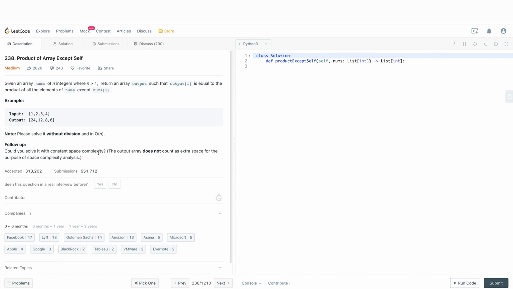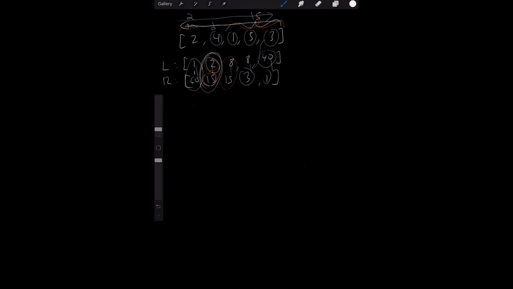So we're going to use the same concept as the left and the right, but this time we are just going to use one array, which is the output array, and then we're gonna fill it out that way. So it's actually the same concept. I'll just show you how you can do this. You could think about it a little bit, but here's how we do it. Now imagine we have the same array, right?